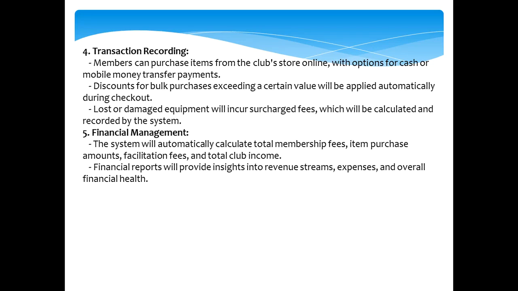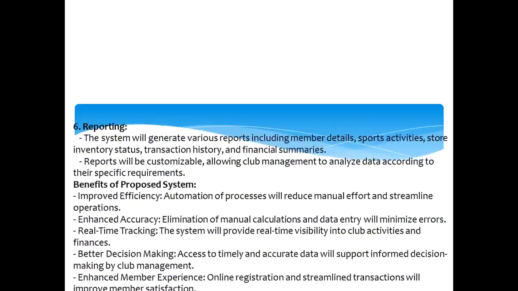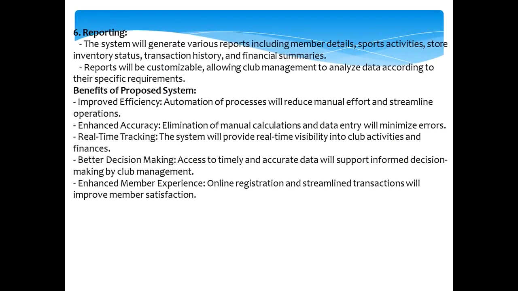Number 5, financial management. The system will automatically calculate total membership fees, item purchase amounts, facilitation fees, and total club income. Financial reports will provide insights into revenue streams, expenses, and overall financial health. You see now, the proposed system is well elaborated.